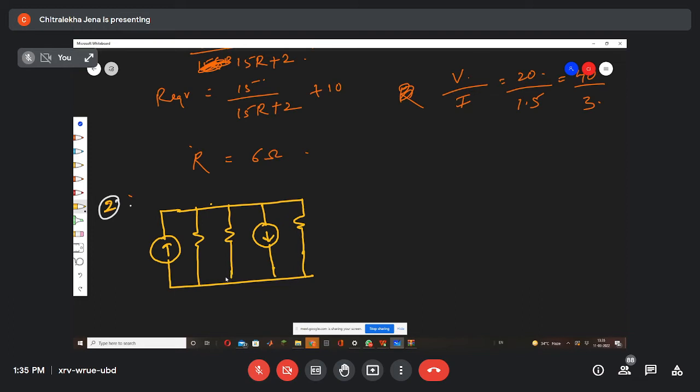Whoever is thinking that I will do it manually and get the answer, do it manually, no issues, but you are not getting any marks for that. If there is an equation and you solve it manually, you are not getting any marks for solving the equation.